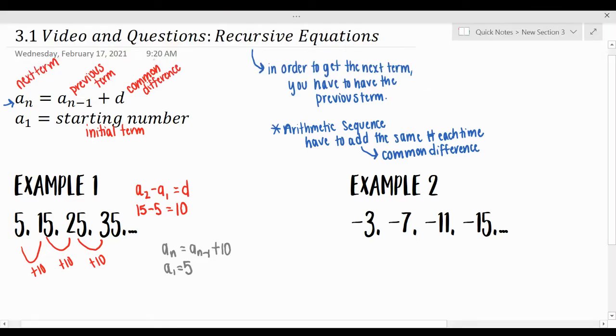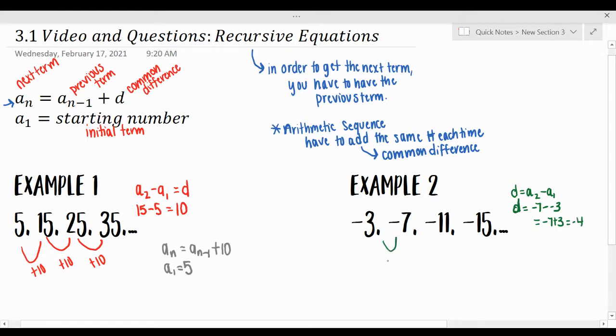If I wanted to find our d value, remember I could do the second term minus the first term, and I recommend that you do this because with negatives it gets a little tricky, and when you're subtracting, a lot of kids forget that that's the same thing as adding a negative. So d would be equal to, you got to make sure it works for every single one, negative 7 minus negative 3, and that's going to give me negative 7 plus 3, which is negative 4.